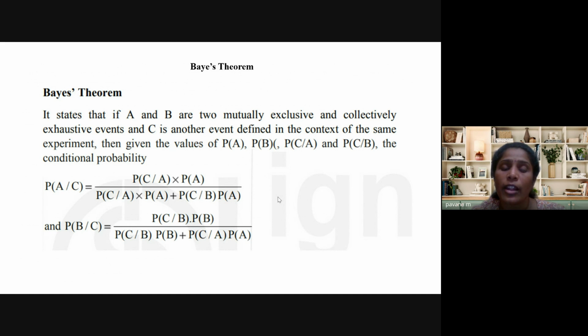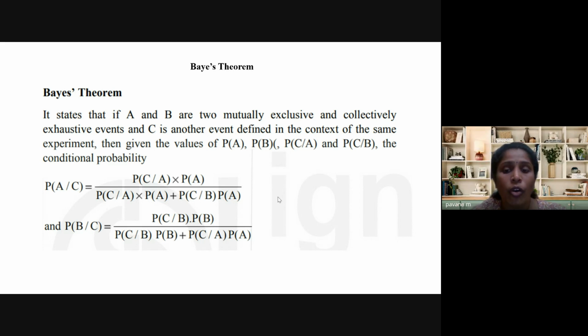Then given the values of P of A, P of B, P of C by A and P of C by B, because here C is the condition which will affect the mutually exclusive events A and B. That's why you have to consider P of A, P of B and P of C by A, because A has already happened. What is the probability of C occurring when A has already happened? That's why P of C by A and P of C by B.